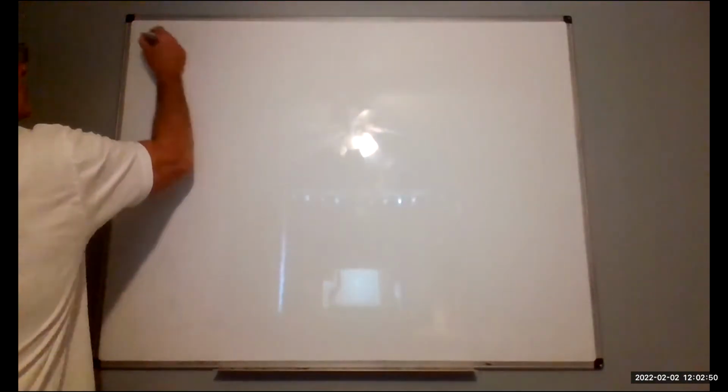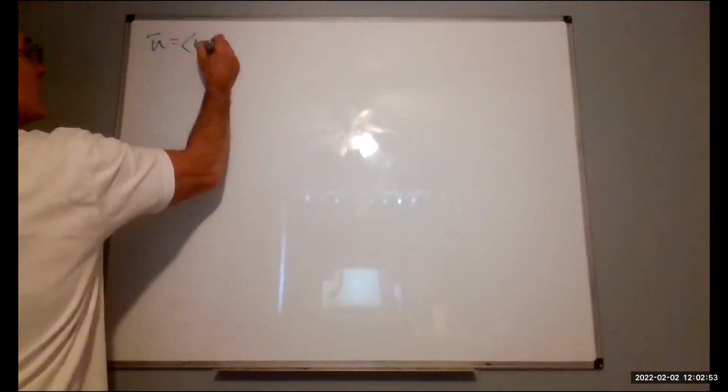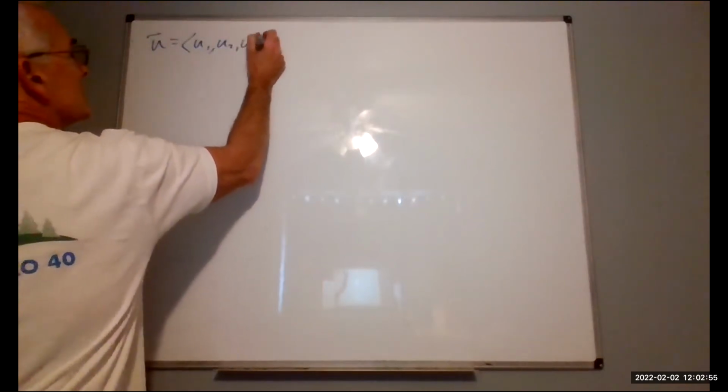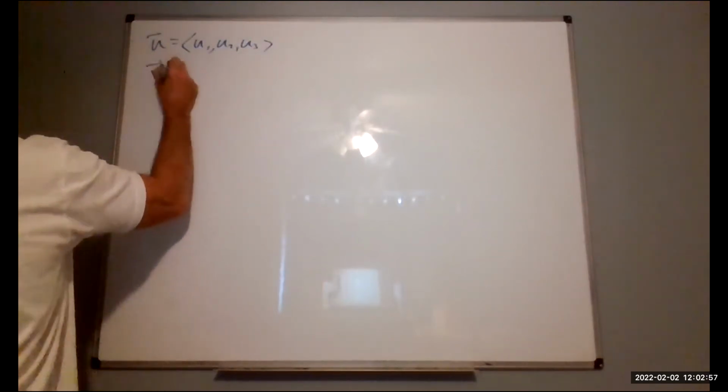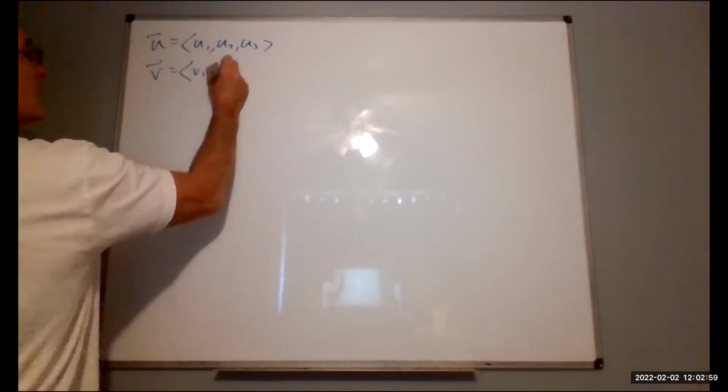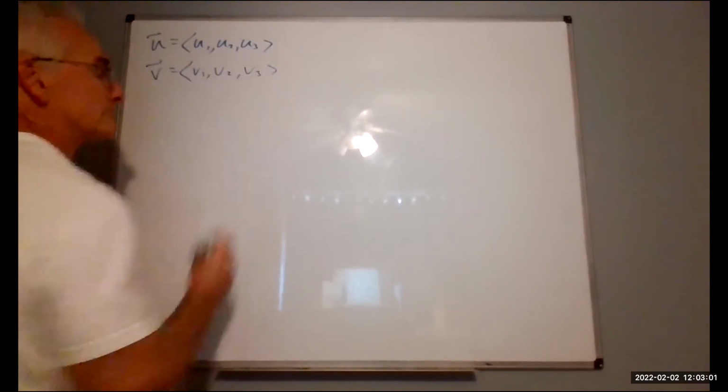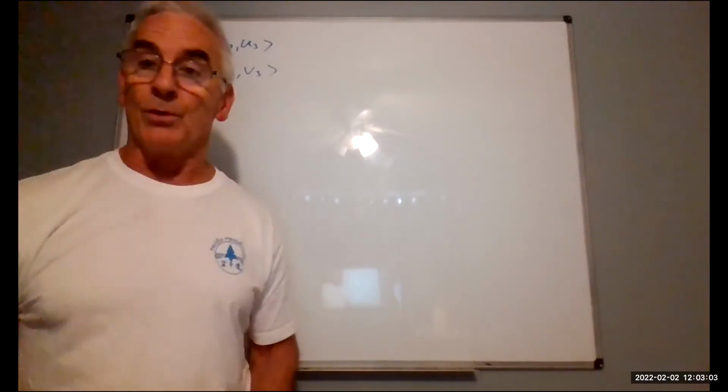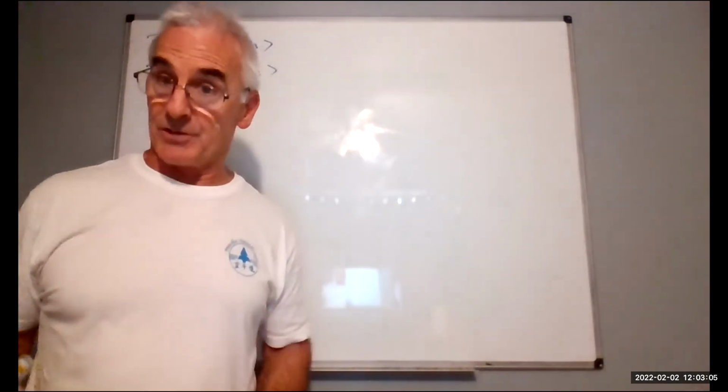Okay, let's consider I've got vector u. I've got vector v. And what I want to do is I want to create a vector w, okay? Here's the idea.